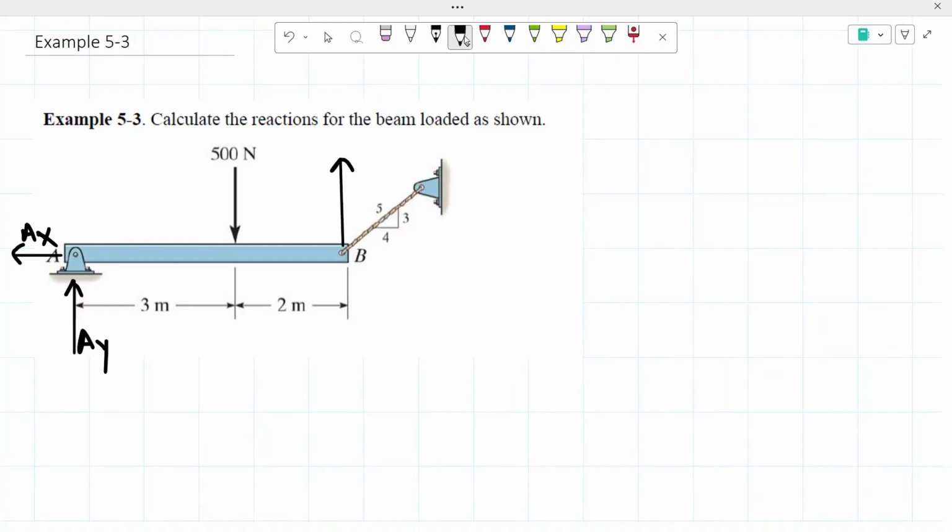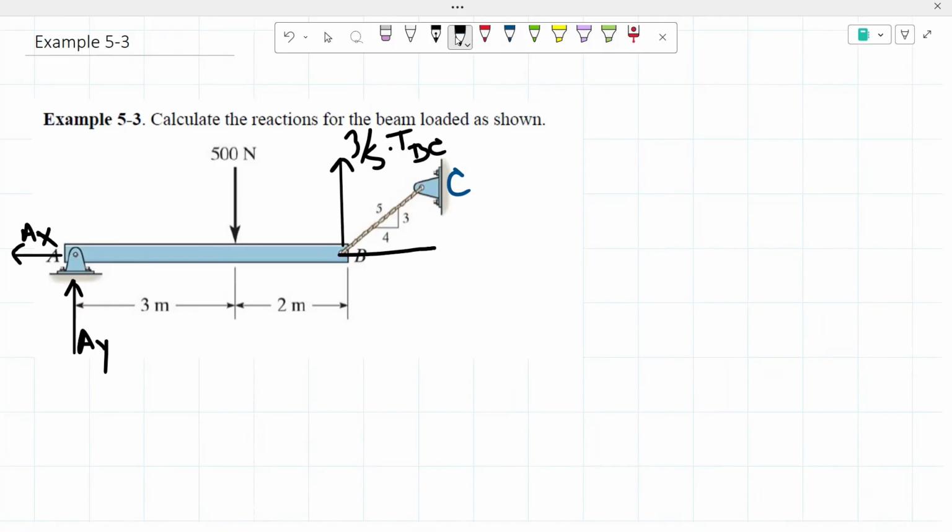We're going to be able to determine this by multiplying 3/5 times the tension of BC. I'm going to be calling it BC because it's at point B, and I'm just going to be calling this also pin support C, so tension at BC.